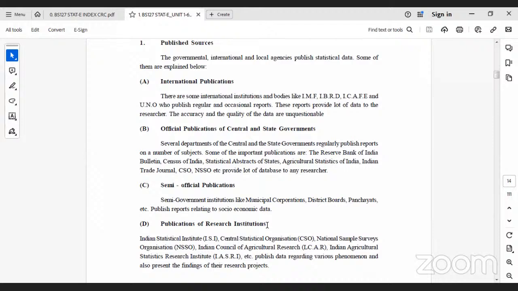Publications of research institutions: Indian Statistical Institute (ISI), Central Statistical Organization, National Sample Survey Organization, Indian Council of Agricultural Research, Indian Agricultural Statistics Research Institute (IASRI), publishing on various phenomena.